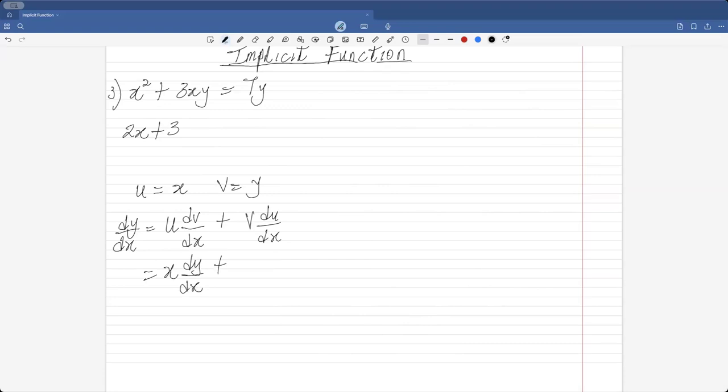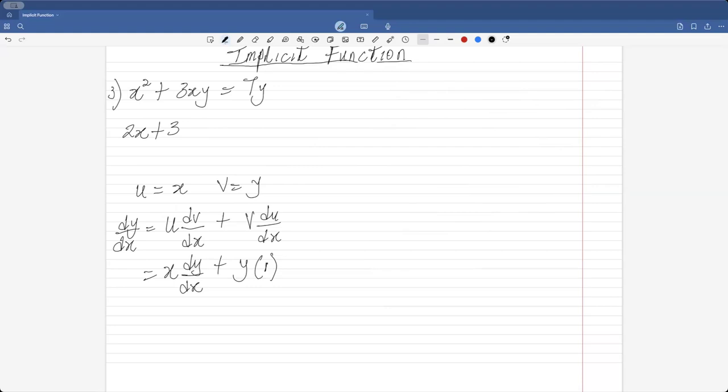Plus we have v is y. So what is du/dx? du/dx, of course, is 1.